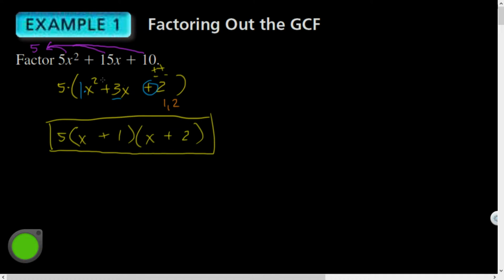So this problem combined both of those skills, and once I got that GCF out front, I then factored just the inside. But that 5 is still hanging out, okay? And if I was to multiply all this out, it would bring me back to the beginning. So we'll be able to practice some of those tonight, so don't you fret. For the quest.